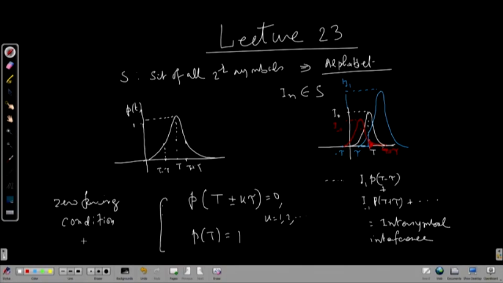Pulses which satisfy this condition are called Nyquist pulses. Example, sinc pulse.